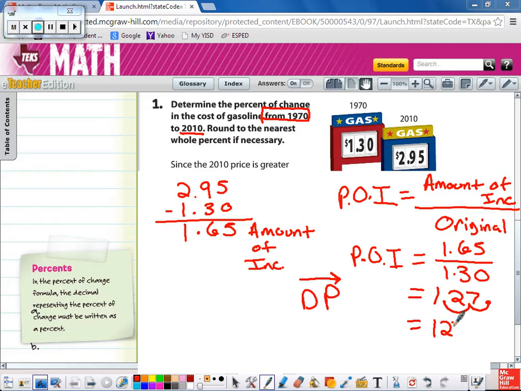So I am left with 127%. So the cost of gasoline increased from 1970 to 2010 by 127%.